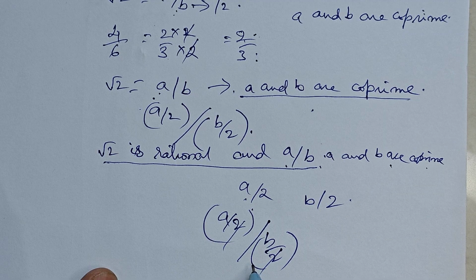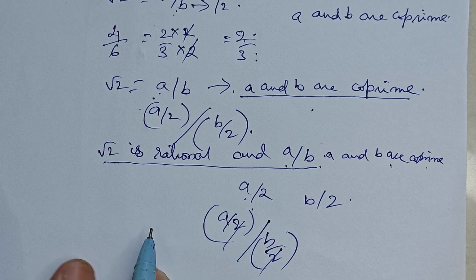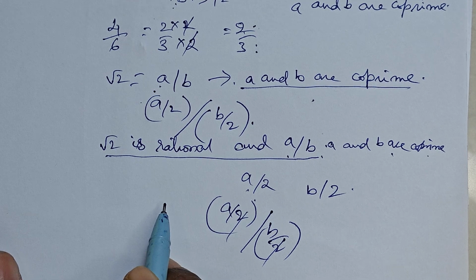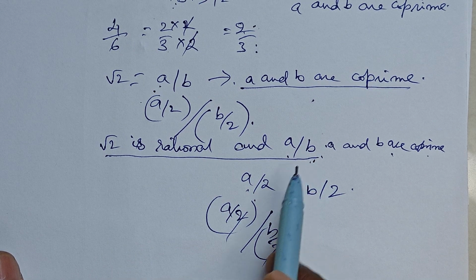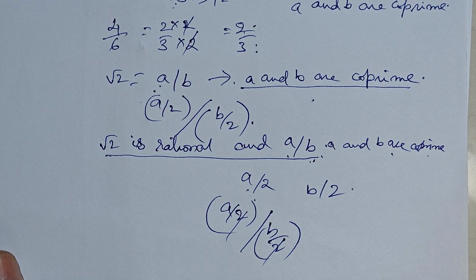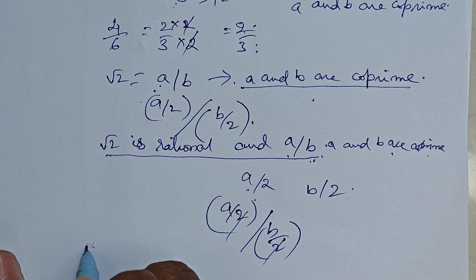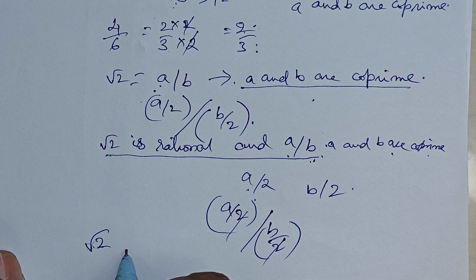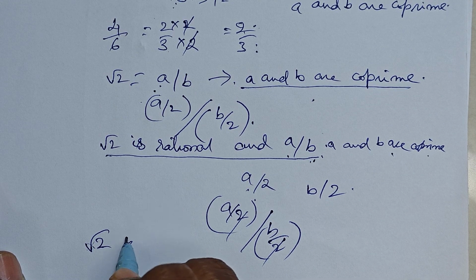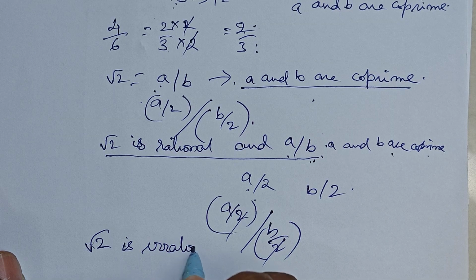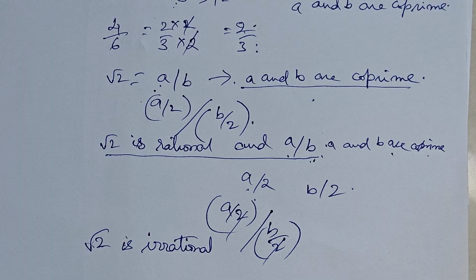So this contradicts your own assumption that root 2 is rational and I can write it in a by b format. That is the reason root 2 you cannot write in a format called a by b. So root 2 is irrational. That means you cannot write root 2 kind of number in a by b format.